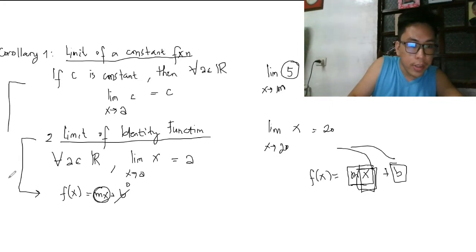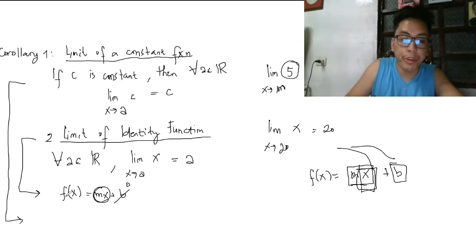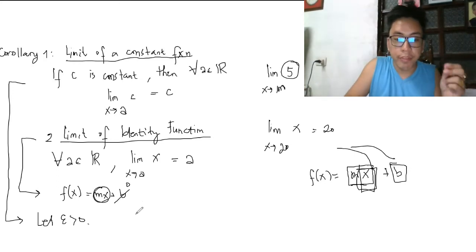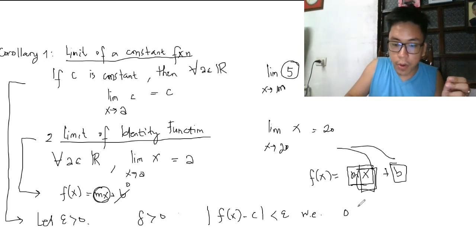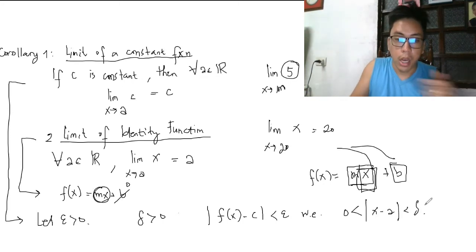So for letter C, the outline of the proof is that, of course, you let epsilon greater than 0. We need to show that we can find a delta greater than 0 so that the absolute value of f of x minus c is less than epsilon whenever 0 is less than the absolute value of x minus a, which is less than delta.